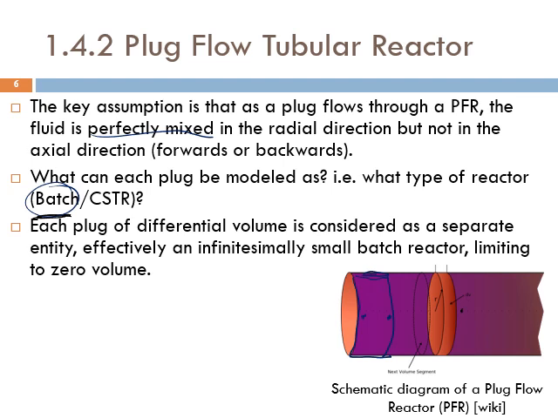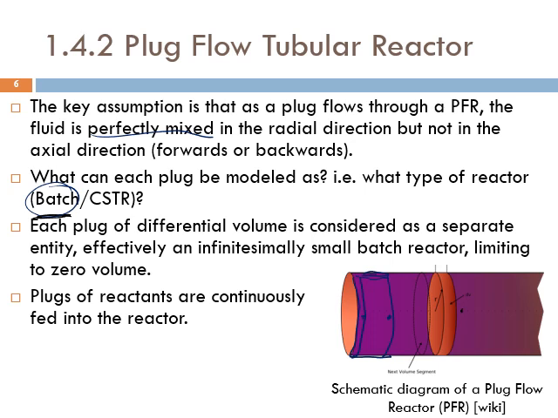But if the plug was very thin, the concentration at the beginning of the plug is almost the same as the concentration at the end of the plug. Therefore, you have a uniform concentration, also uniform temperature and uniform rate of reaction. So the smaller the volume is, the closer it is to the batch assumption.